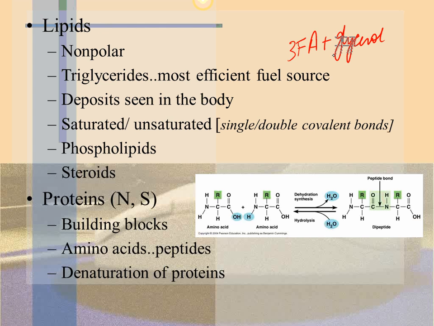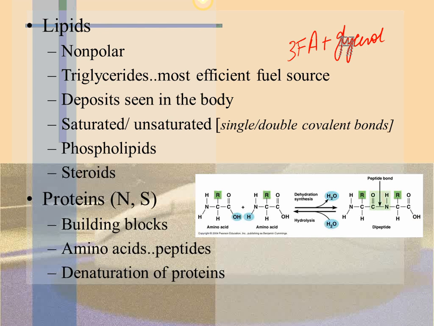They are a very efficient fuel source because for a single gram you produce much more energy than you would with glucose, but you don't always want to have too much fat in your body. The fat is deposited in various areas of the body where protection is needed, for example, around organs, under the skin in subcutaneous tissue, and around blood vessels. Three fatty acids plus 1 molecule of glycerol, so that's what a triglyceride is.